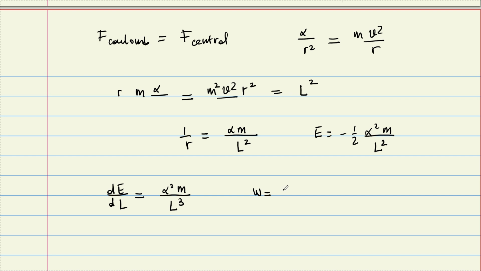Frequency is what? Frequency is v over r, right? Or v, the orbital velocity, is radius times the frequency, or the other way around. And for this, I want to use v, okay, this expression, alpha m divided by L squared.